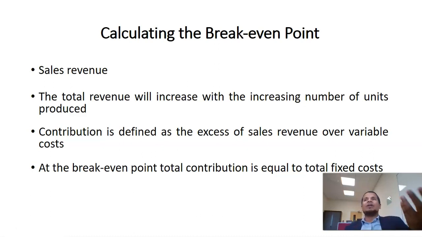So the excess of sales revenue over variable cost is the contribution, and it is used to cover our fixed cost. So total contribution equals total fixed cost at the break-even point.